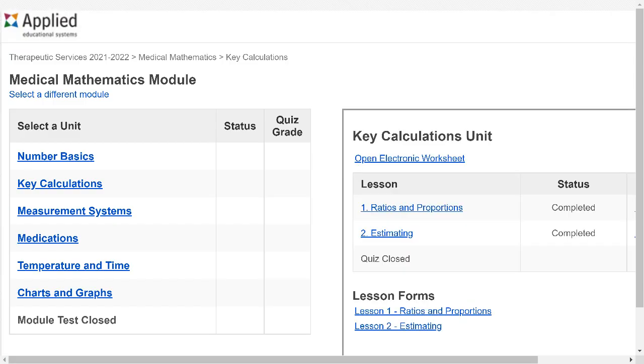Lesson summary. Alright, so I gave you a paper, a worksheet that has ratios and proportions, and it also has estimating on one side. So I want you to complete those.